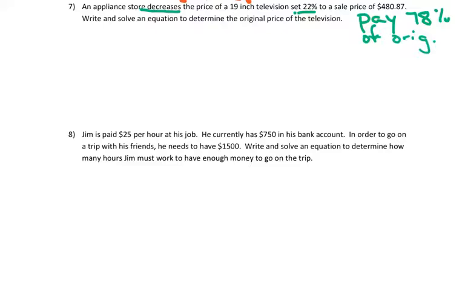So if I think of it that way, I can set up my equation: 78%, or 0.78, of means times, so times the original, is equal to $480.87.